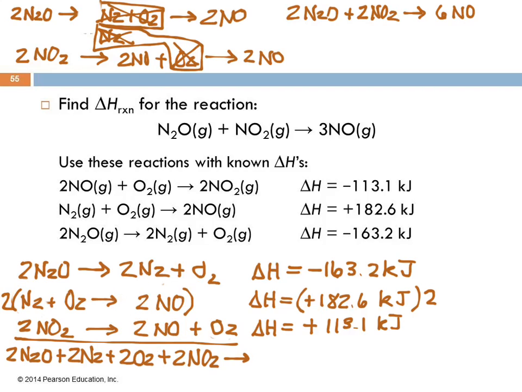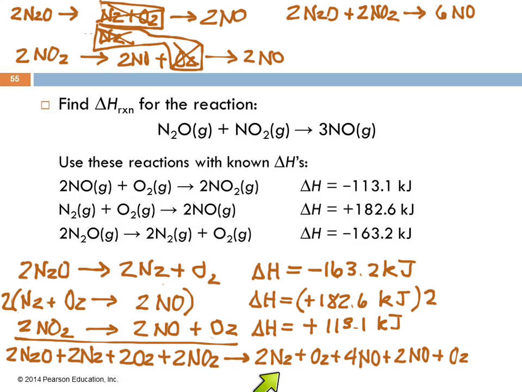Then I'm going to write down everything to the right of the arrow. So I've got 2 N2 plus O2 plus 4 NOs because this whole thing was multiplied by 2. So 2 times 2 is 4 NOs. And then I've got another 2 NOs and an O2. Does that make more sense? Okay. So we're all learning.